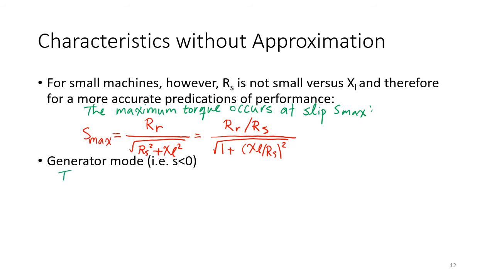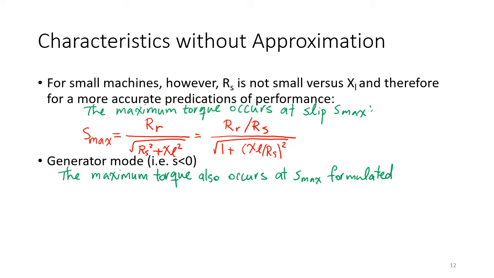So in generator mode, the maximum torque also occurs at S max formulated above.